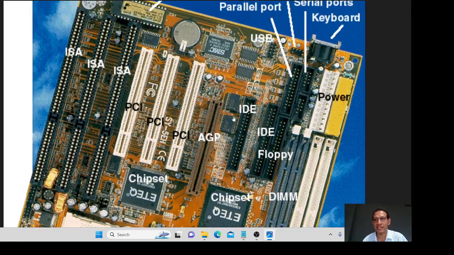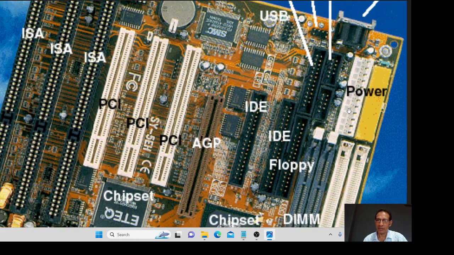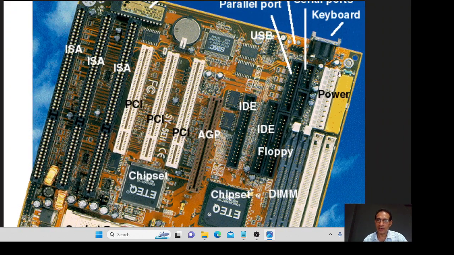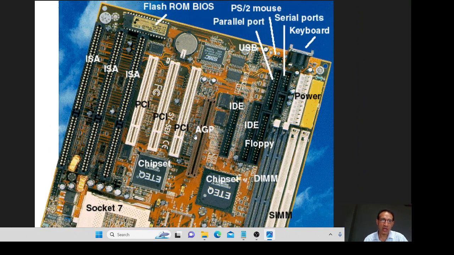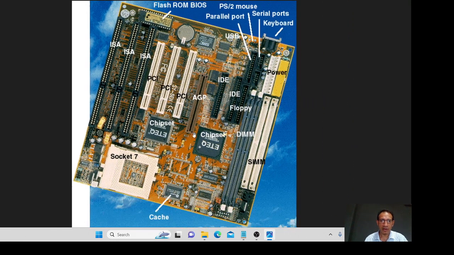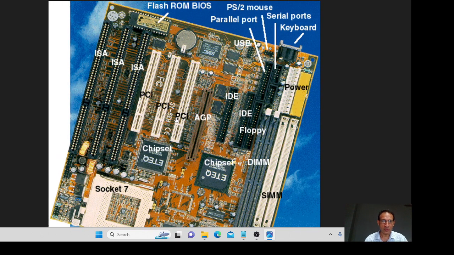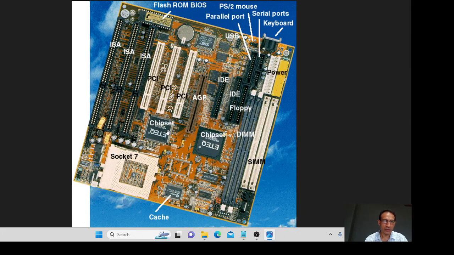You can see that the power connector interface on the motherboard looks like this. The P1 and P2 connectors should be plugged into the particular interface. When you come to the AT motherboard, all types of components are available on this motherboard.